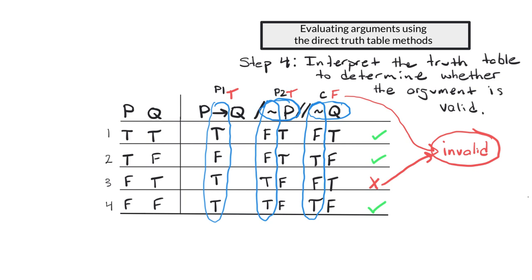And that is how we determine that this argument is invalid. I would fill out all my truth table, and I would be able to indicate that row 3 shows the argument has the possibility of having all true premises and a false conclusion. Therefore, this argument is invalid. The form is invalid.